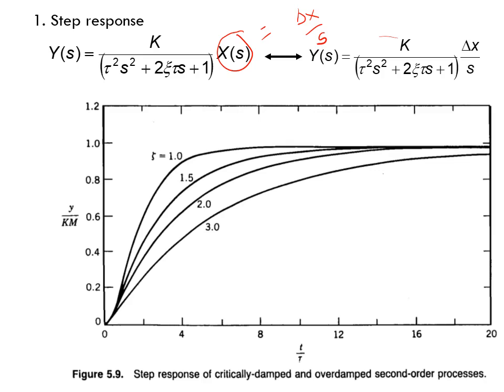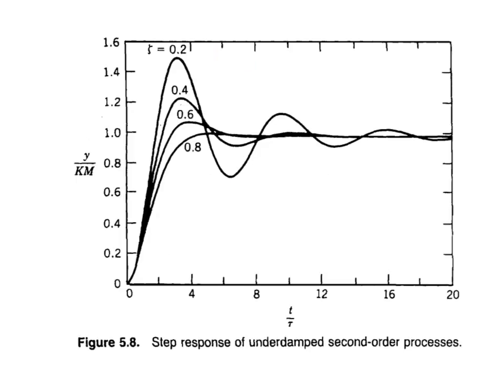If you refer to this, lambda changes to 1.5, then 2, and subsequently 3. This is the kind of graph you get when a change in step response is made. Previously, we have seen the figure for step response change for critically damped or overdamped second order processes.